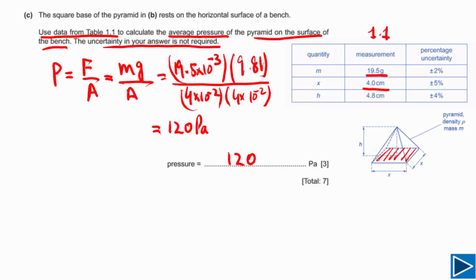For this question, let me explain to you how marks will be awarded. The first mark is for writing this formula. If you have written this right equation, you will get 1 mark. And the second mark is for substituting these values. You will get the second mark, and that is also a C mark. And the last mark is the answer mark. If you have got the right answer, you will get this mark.